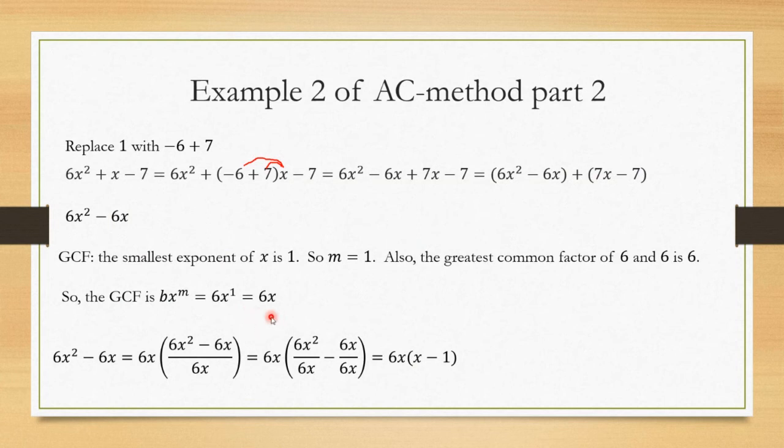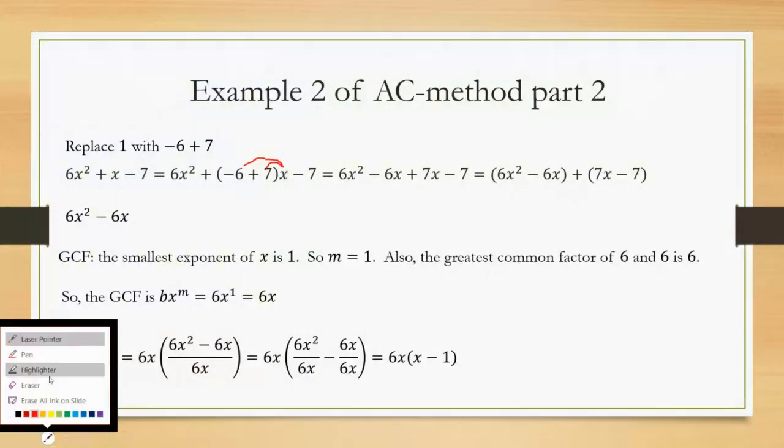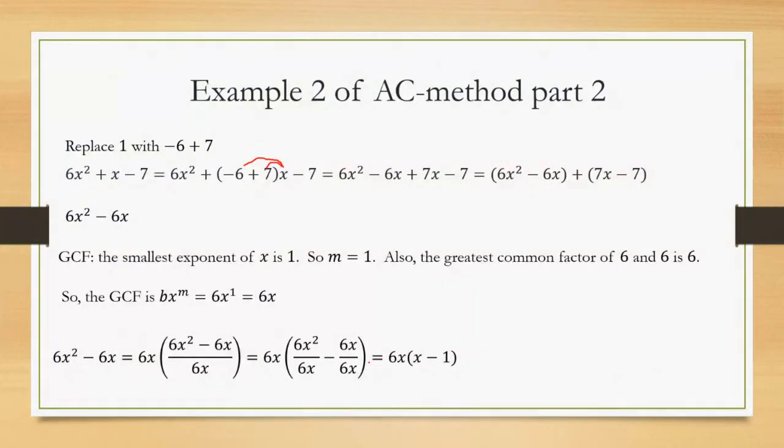Okay, so we have this. We factor it out. We have 6x squared minus 6 times x. To factor it out, you put it in front and then you divide. That's what I'm doing here. When you divide into each term, the 6's cancel, and you're left with x squared over x, which gives you x.